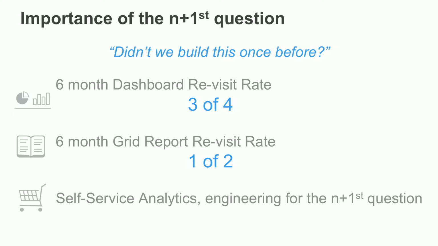If you can only answer the N questions that you got from the business user, that will never be a self-service environment, because there was always going to be one more question from that person who asked it. So if you're building an environment, build it for N+1. So that's one thing that we realized was important when we were building this environment.